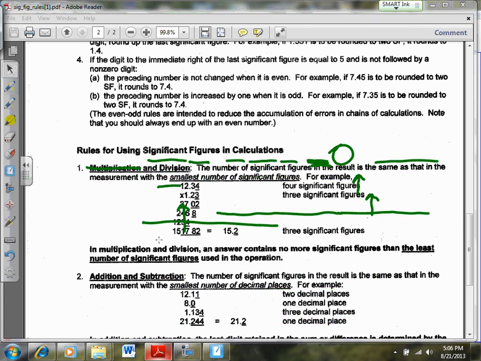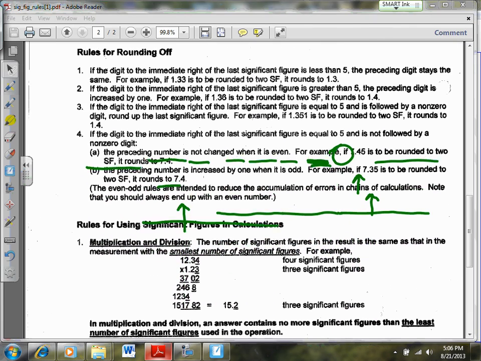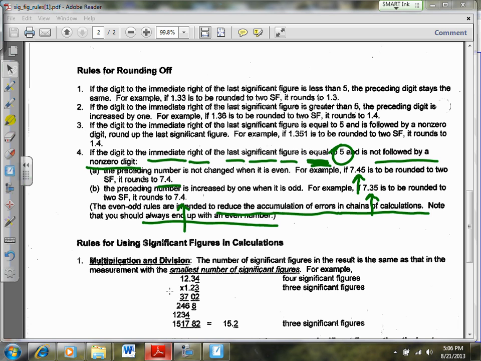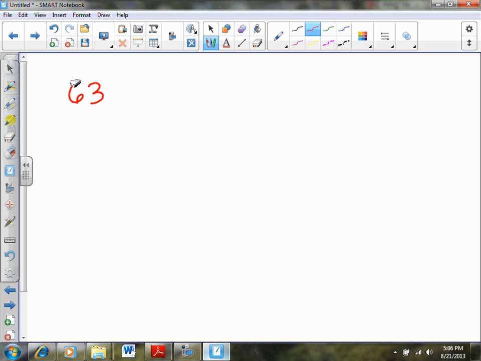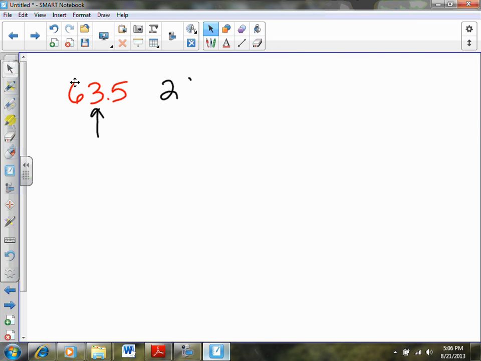Okay, now, having said all of that, that's where it stops. Okay, so here are some examples, and let's come over to this one. If I have this number 63.5, and I want to round it so that it has 2 sig figs, that means I've got to round 63.5 to 60 something.